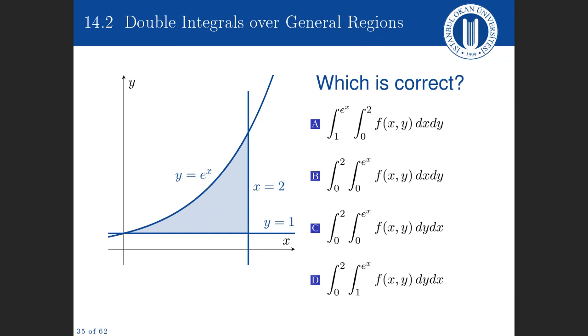So far, 4 people have voted for A. Can I just remind you that on the outside integral, that's the left integral, you're only allowed to have numbers. So A is definitely not correct.